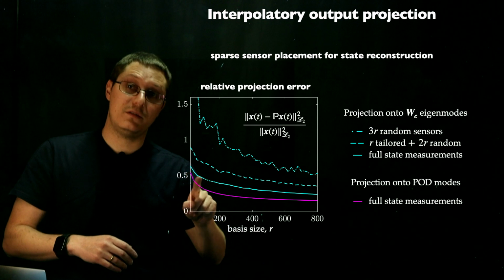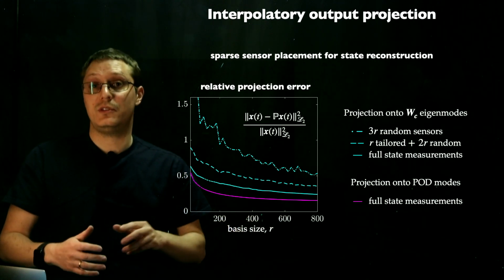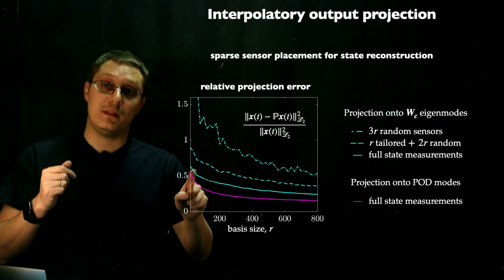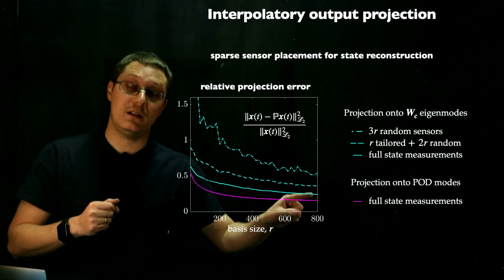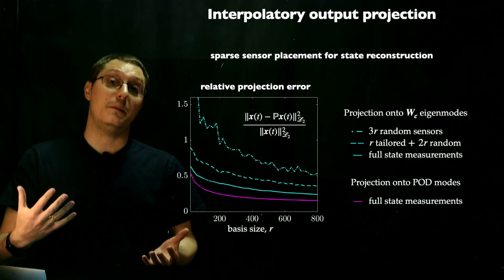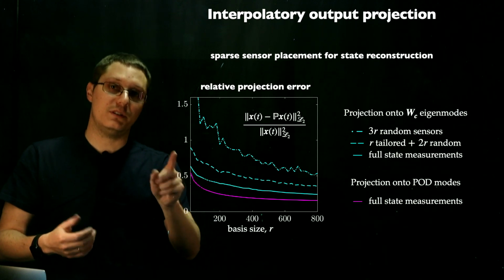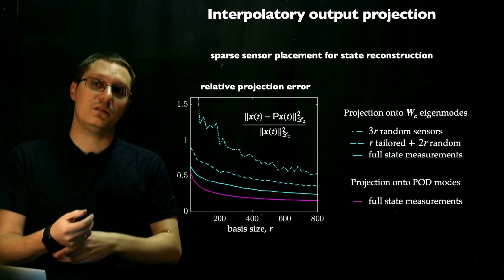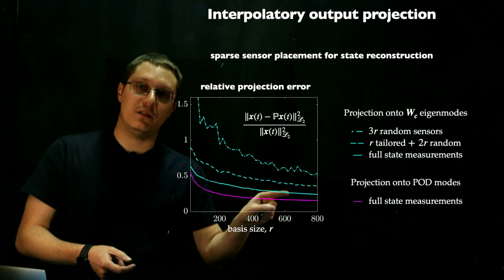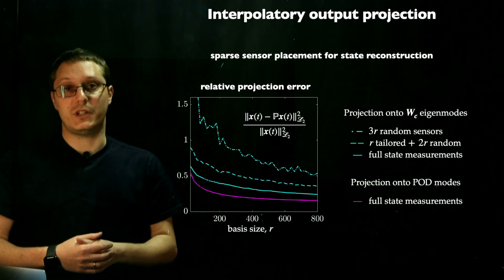And now this solid curve here is the orthogonal projection, which is analogous to using measurements everywhere. So this solid cyan line is the best that we're going to do by projecting onto this same basis. So we see that the important part is that with our interpolatory projection, we're not following that much behind the best that we can do given the basis that we're using for projection.